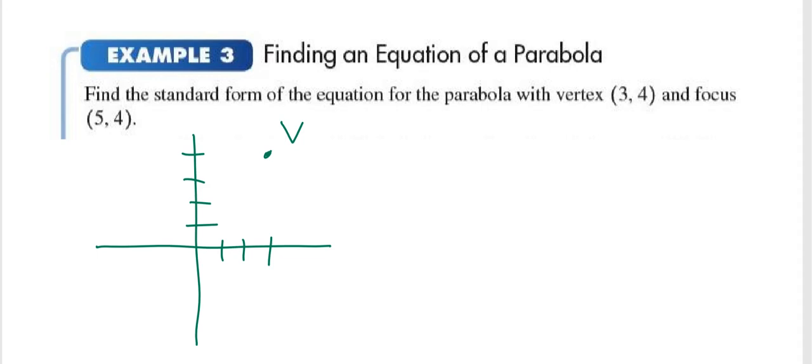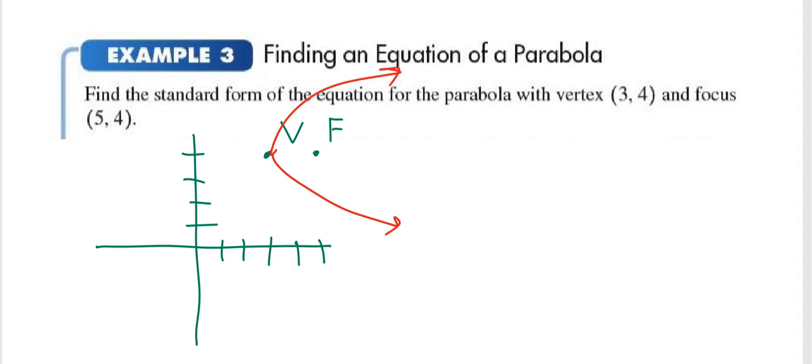Then I got my focus at 5, 4. Everybody in the room should know which way this opens. I've got 1 vote for right. You are correct because the focus has to be inside. It does open to the right.